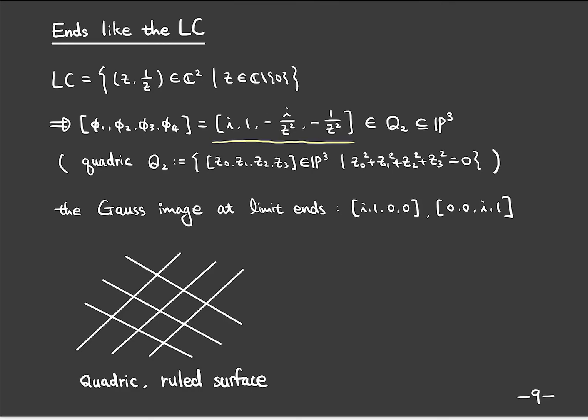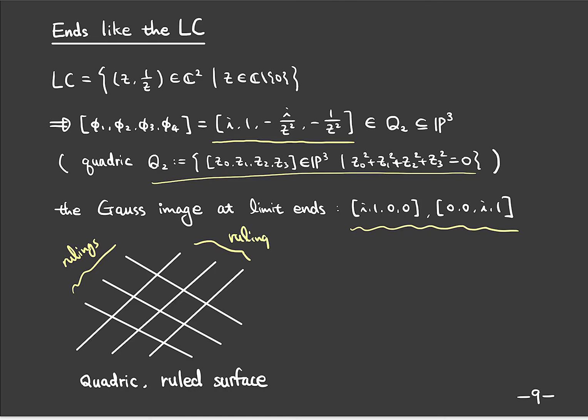Here the image lies on a quadric in P3, and from this the Gauss images at limit ends are given by the following. Now it is well known that the quadric is a ruled surface. These are rulings, two families of rulings.